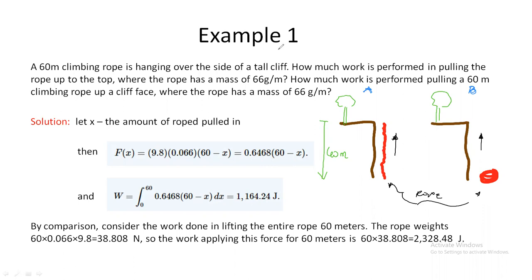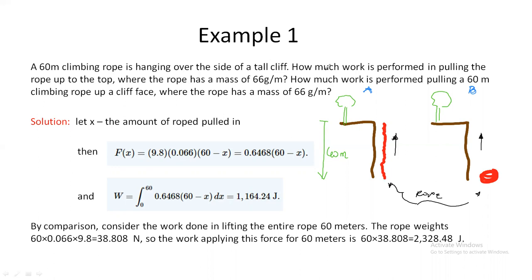In situation A, the rope gets lighter over time. In situation B, the weight is constant. Very good, Eugenie. Why do you think in situation A the weight of the rope gets lighter over time? How is it being pulled up?